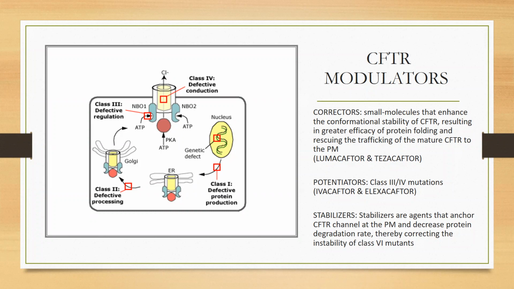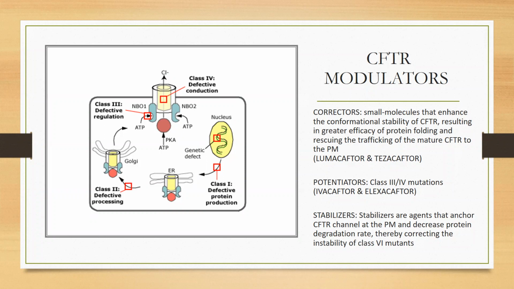Even though we have these 5 possible targets along the way, there are only 4 current therapies that have reached the market. The first one is the correctors. These are small molecules that essentially enhance the stability of the CFTR.